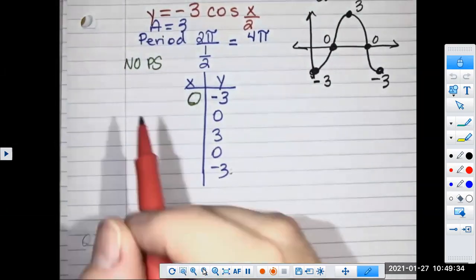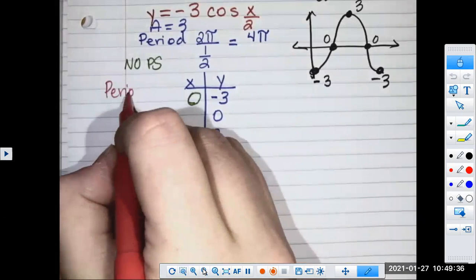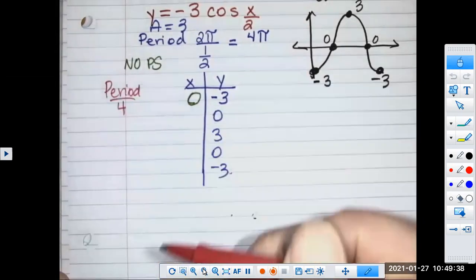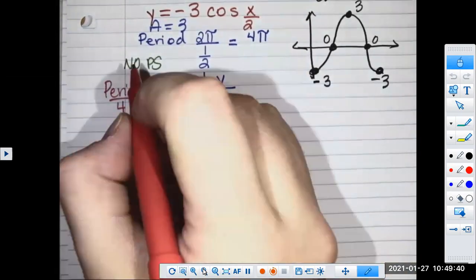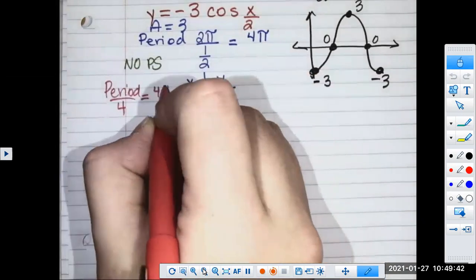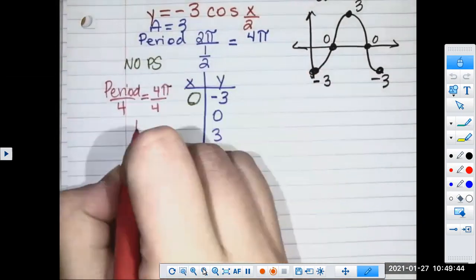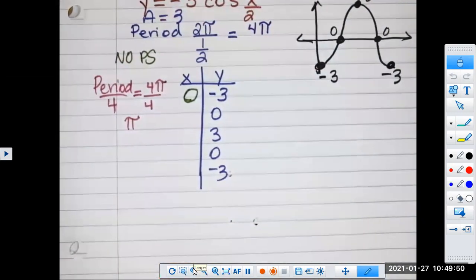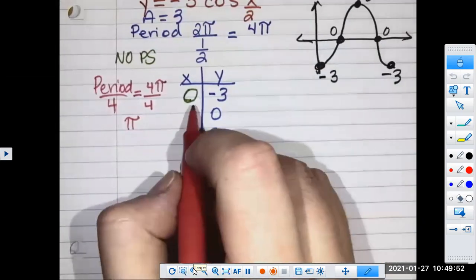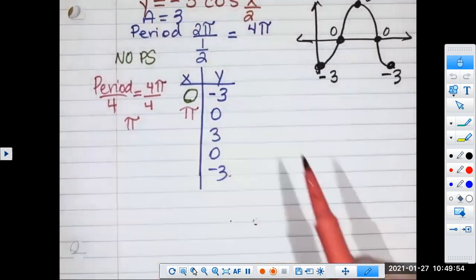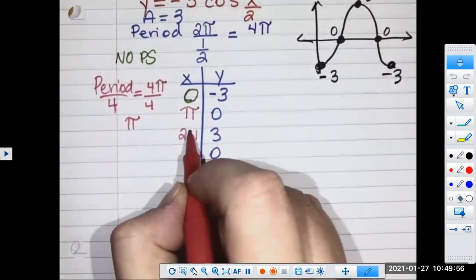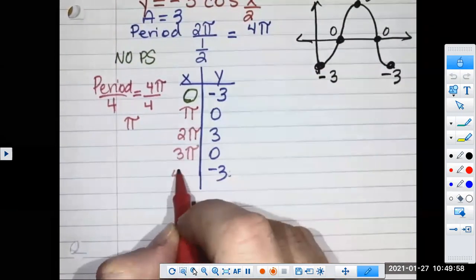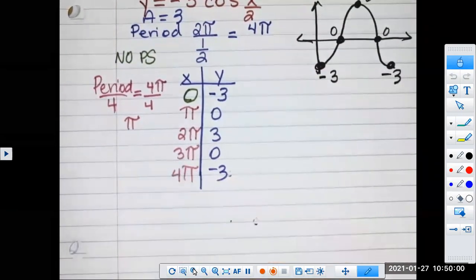Take your period, divide it by 4 to see what you add to each x. So my period was 4 pi. Divide that by 4 and you get pi. So your next x is going to be pi. Next will be 2 pi, 3 pi, 4 pi.